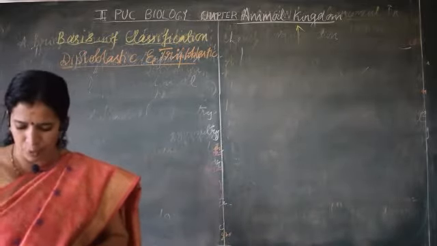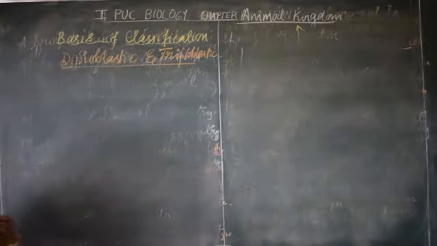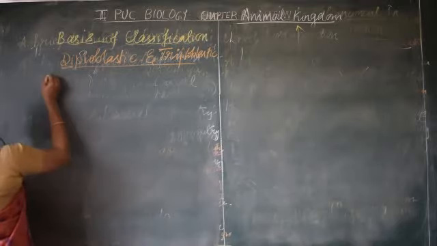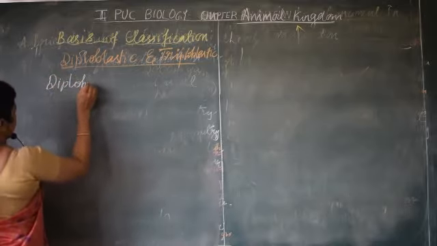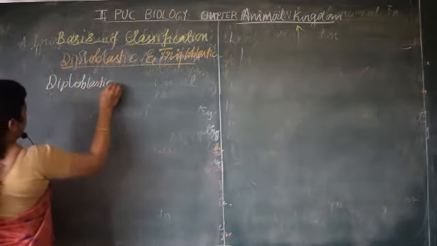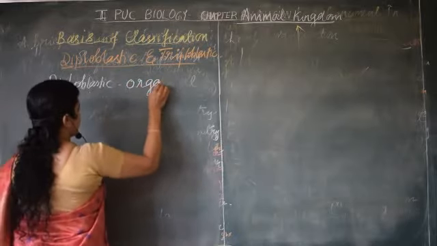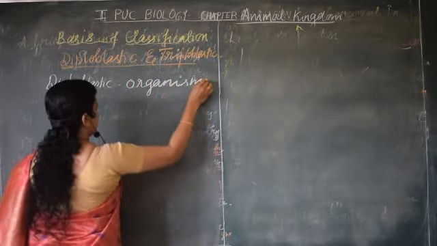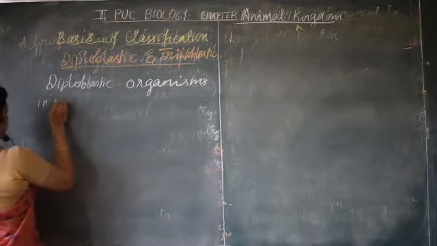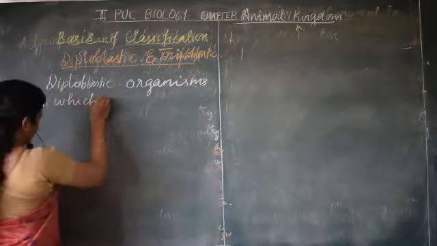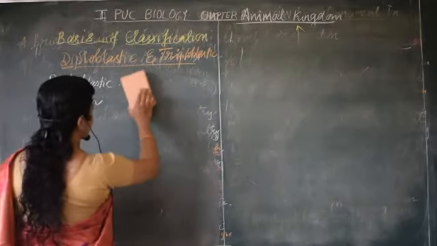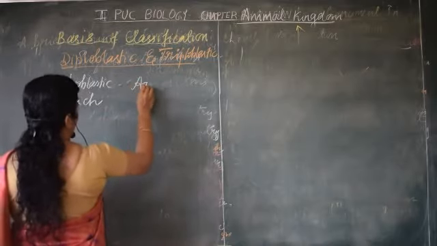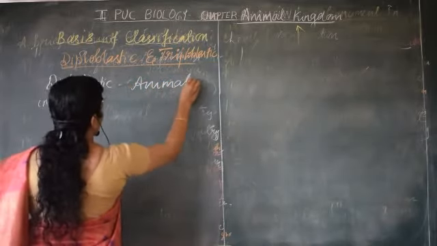So what does diploblastic organization mean? A diploblastic organization means animals in which the cells are arranged in two embryonic layers. Can we write animals itself, since it's the animal kingdom? Because organism, even plants also come under organism.